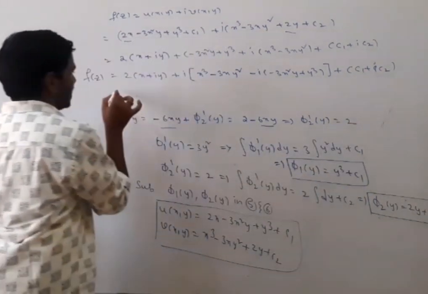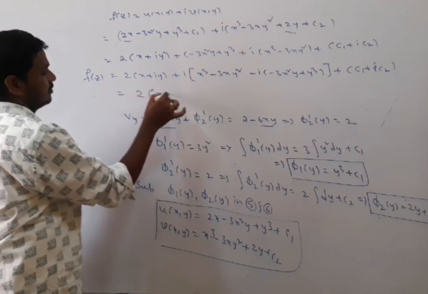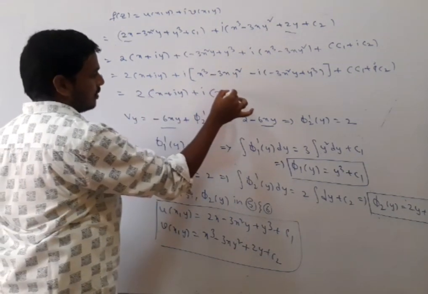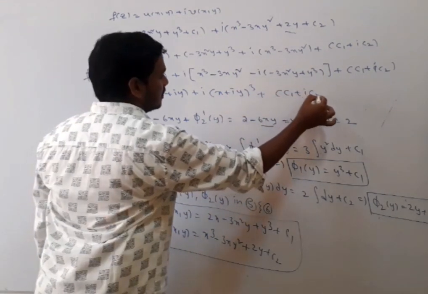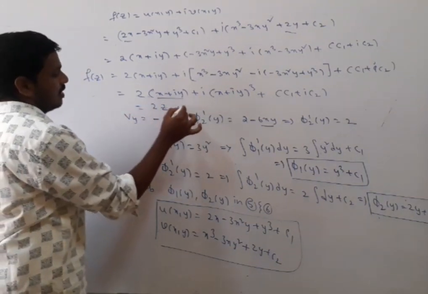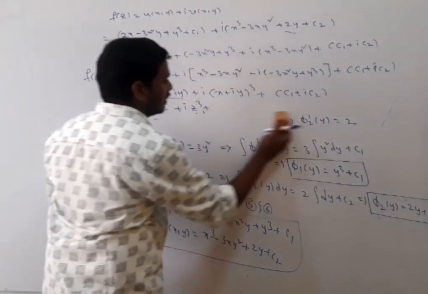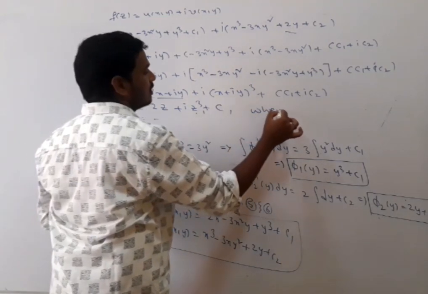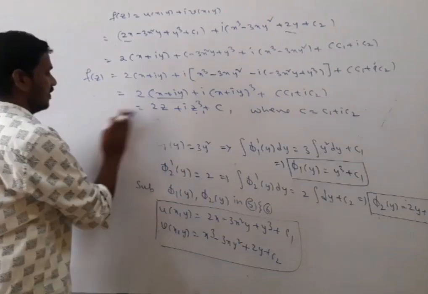Thus by expansion, this is x plus iy whole cube plus c1 plus ic2. Finally x plus iy is z, so f of z is 2z plus i z cube plus c, where c is equal to c1 plus ic2. This is the required analytic function.